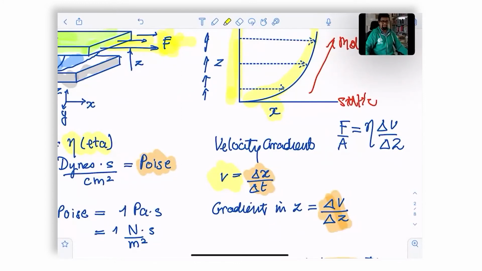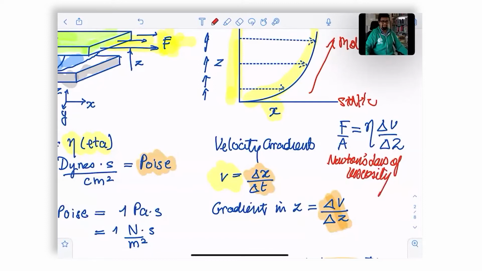And this is nothing but Newton's law of viscosity.